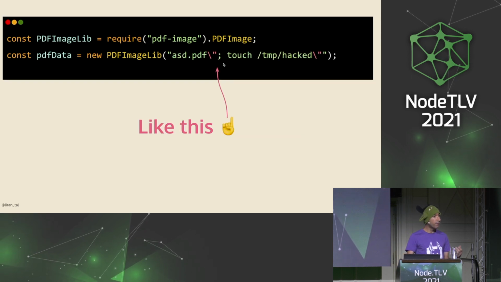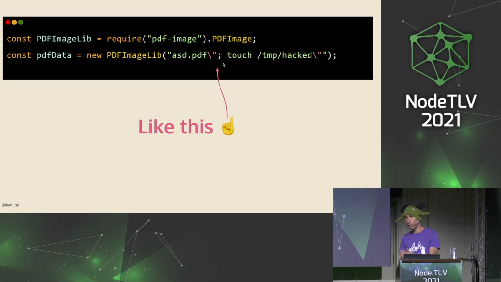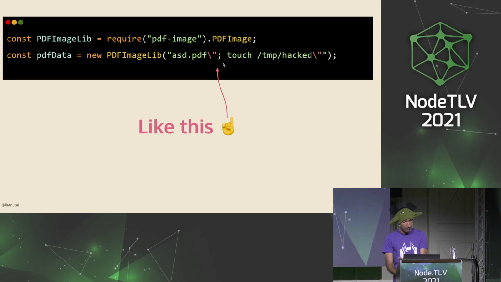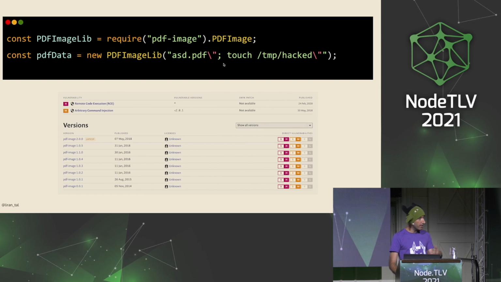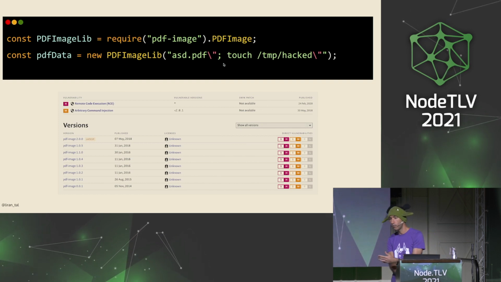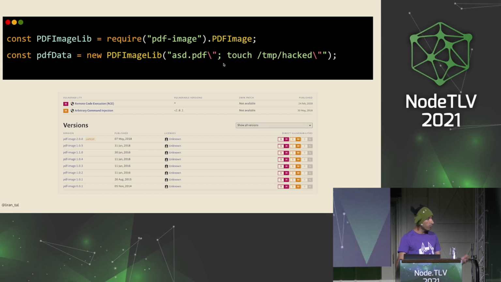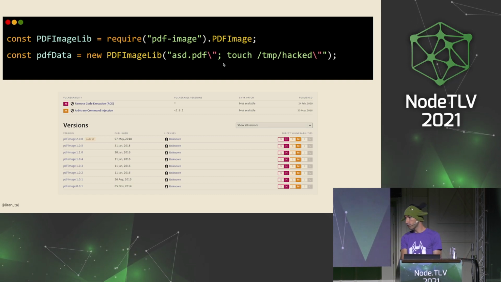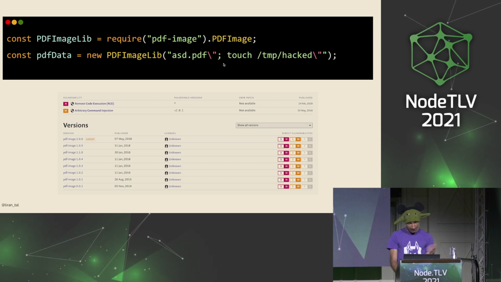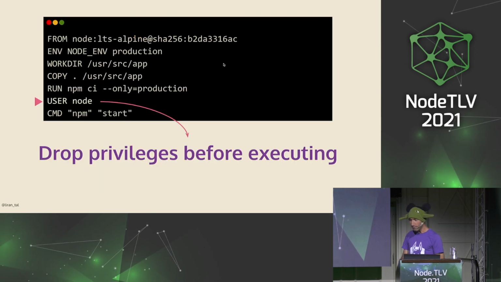And then that actually flows right into the logic of the application itself. Now, this isn't just any library. pdf-image is a real library that has real vulnerabilities in it, specifically arbitrary code injection, specifically remote command injection. All of those. If you're using this library, please move away from it. But hopefully you're not.